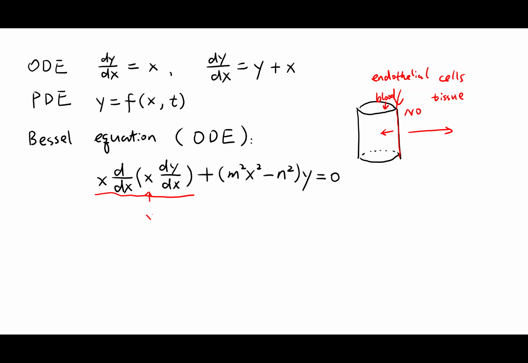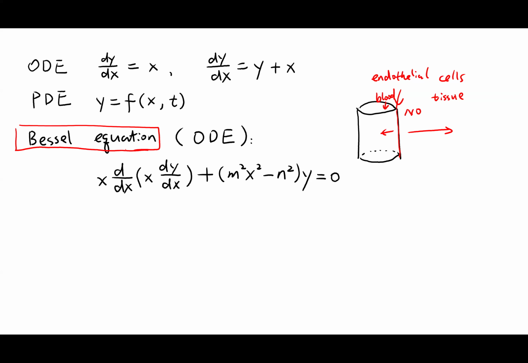Inside of here, you have x squared or r squared, right? So that's why this is very, very important. It's not like a random ODE equation that we are interested to solve. This equation is a very, very important equation, okay? Not only is it important for mass transfer, it's also very, very important for heat transfer, okay?